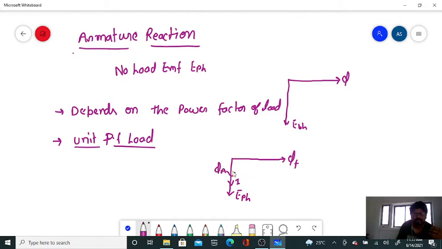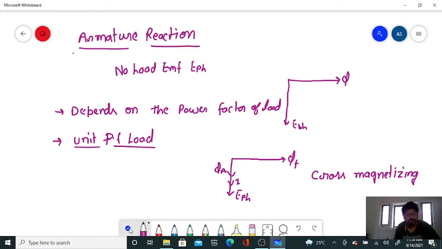So in this case the armature reaction effect will be cross magnetizing. The detailed notes I'll provide. Here you have to just understand this phenomenon.